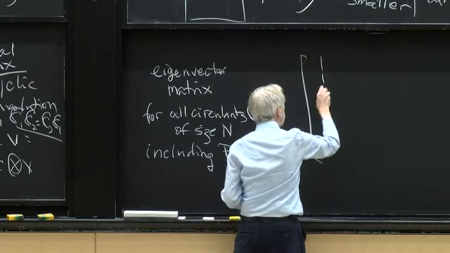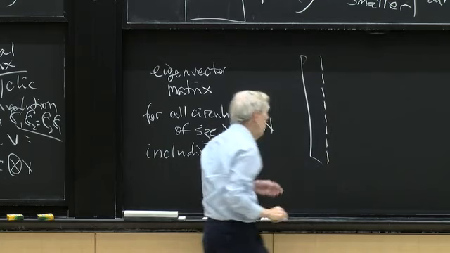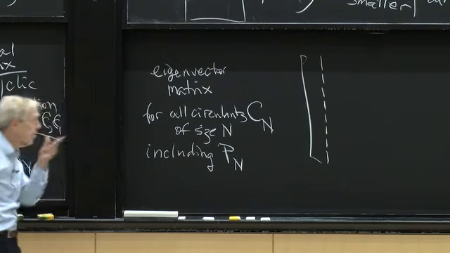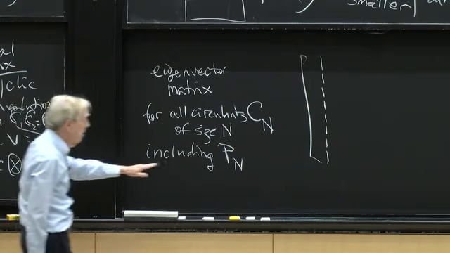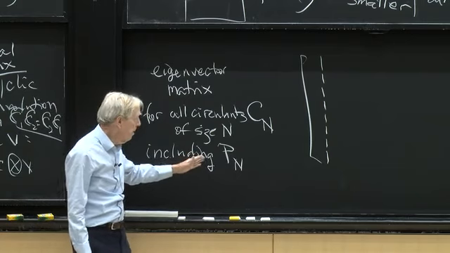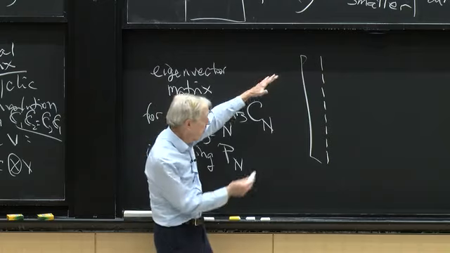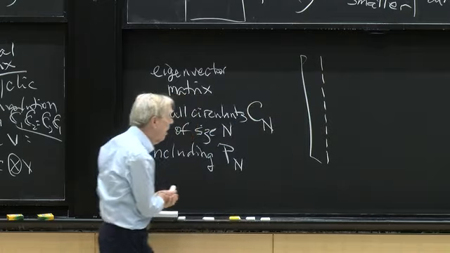Well, the first vector is all ones, just as there. So that's an eigenvector of P, right? Because if I multiply by P, I do a cyclic shift, and I've got all ones.